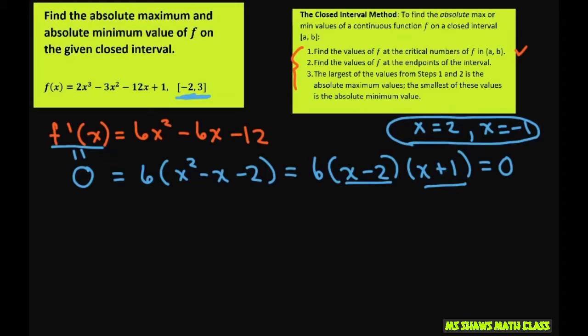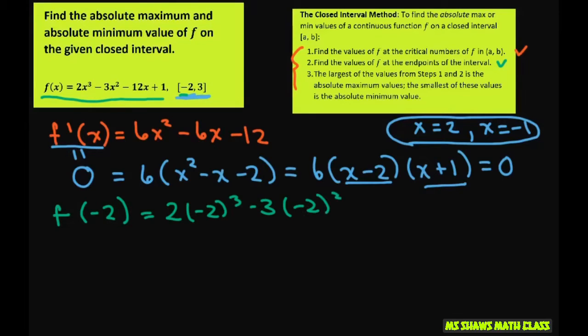Now, the next thing I want to do is check the endpoints of the interval, so -2 and 3. All you do is go back to the original function and plug in -2. So f of -2 is going to be 2 times -2 cubed minus 3 times -2 squared minus 12 times -2 plus 1, and that's going to give you -3.